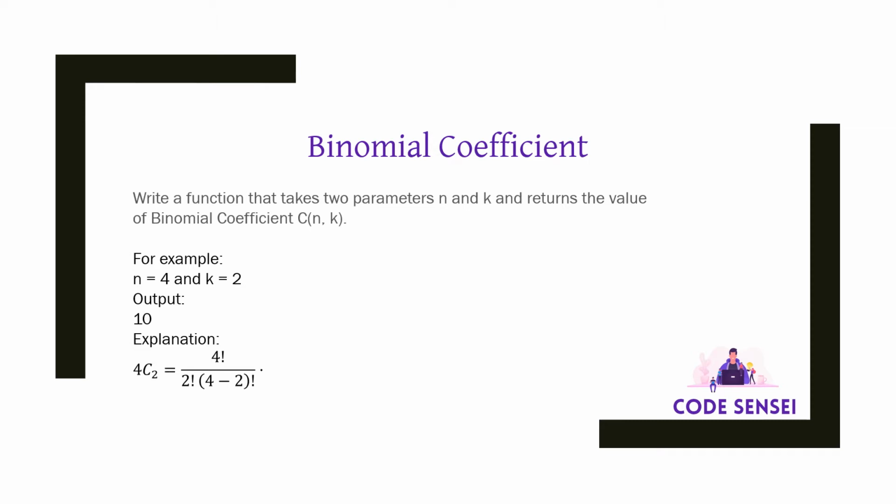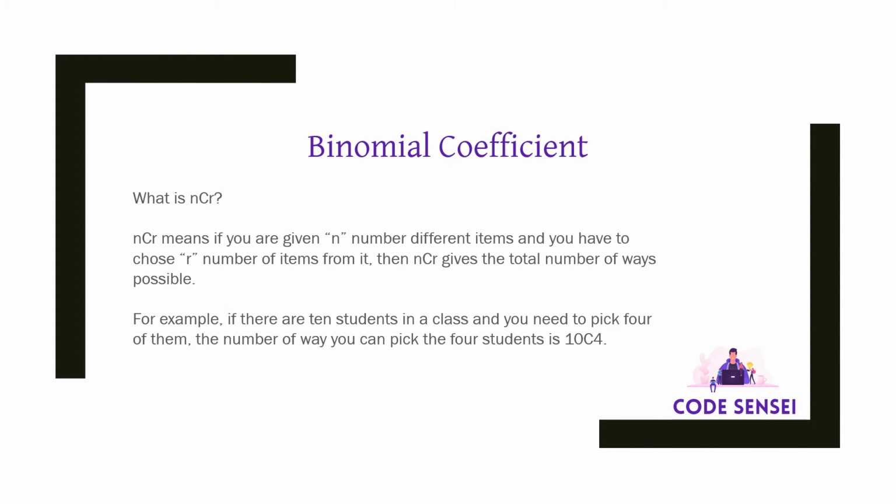Before telling you how we got this answer, we can first see what binomial coefficient means. NCR is the binomial coefficient. NCR means if you are given n number of items and you have to choose r number of items from it, then NCR gives the total number of ways possible.